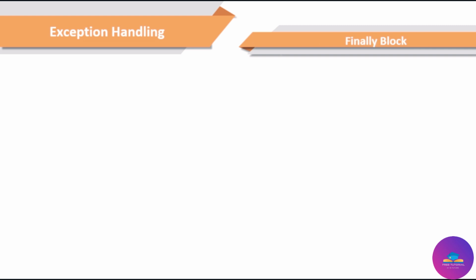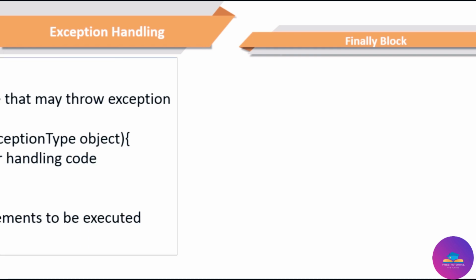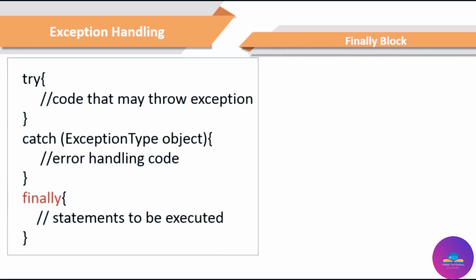Finally block. The Java finally block is used to execute important code such as closing a connection, stream, etc. If an exception occurs in the program, the currently executing method may stop without completing execution.